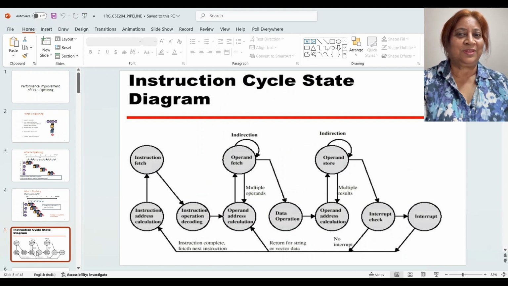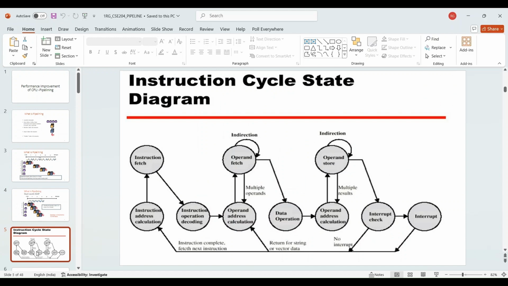We have seen that instructions have different stages. It can be divided into different stages. We have seen before this diagram that there is an instruction fetch operation, then instruction decoding, then operand address calculation, operand fetch, data operation, operand address calculation, operand store, interrupt checking, etc. And then the instruction fetch for the next instruction happens.